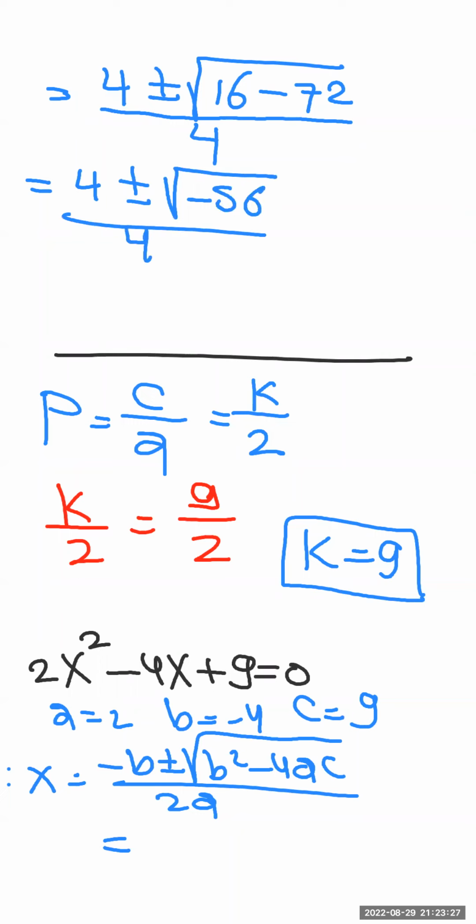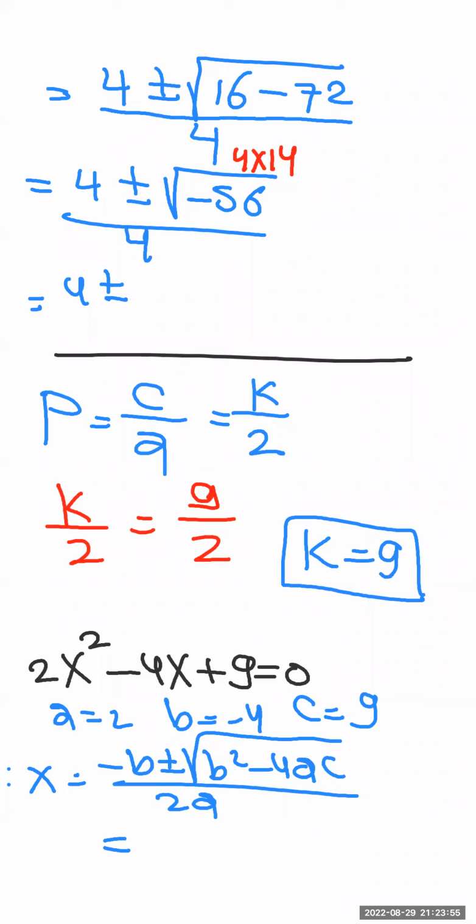So now it will equal 4 plus or minus the square root of negative 56 over 4. By using the calculator to simplify it, it will equal 4 times 14, so this 4 will become 2.